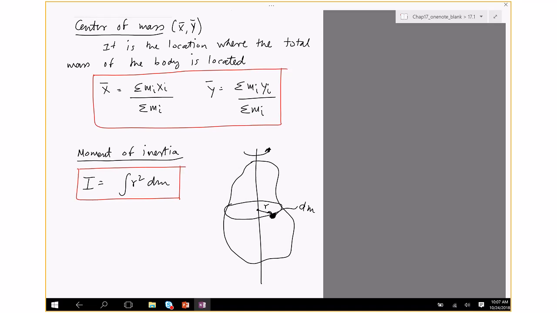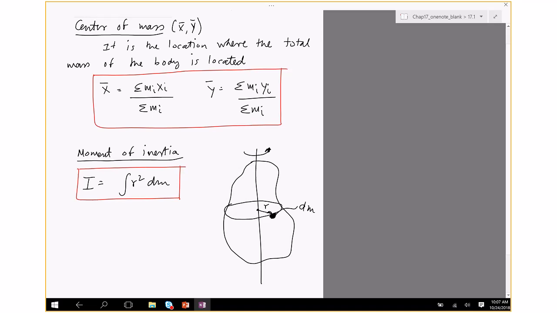Like, for example, for a person, there are two hands, each of them have mass, legs have mass, but where exactly is the weighted sum of the mass? That would be somewhere close, for humans, actually close to your stomach, and the formula for that is x bar and y bar, which is the weighted sum of the locations of the center of mass of individual objects. So this will become clear when I solve the problem.